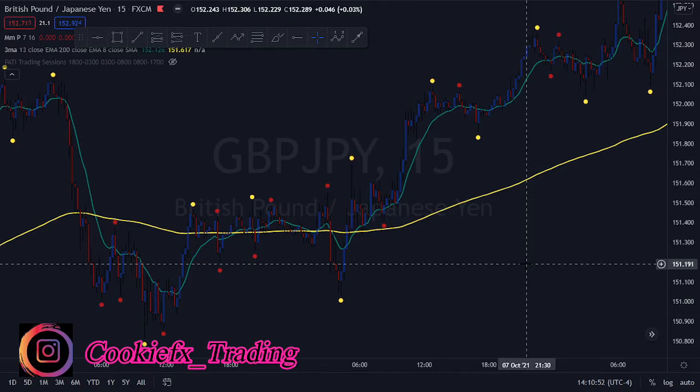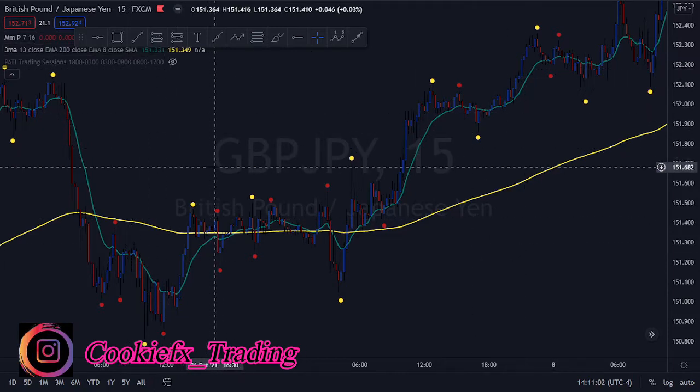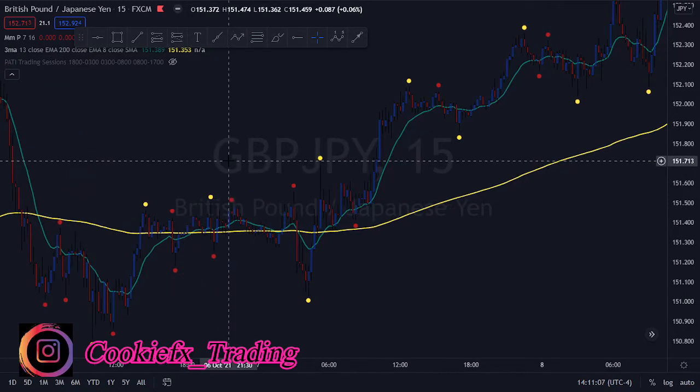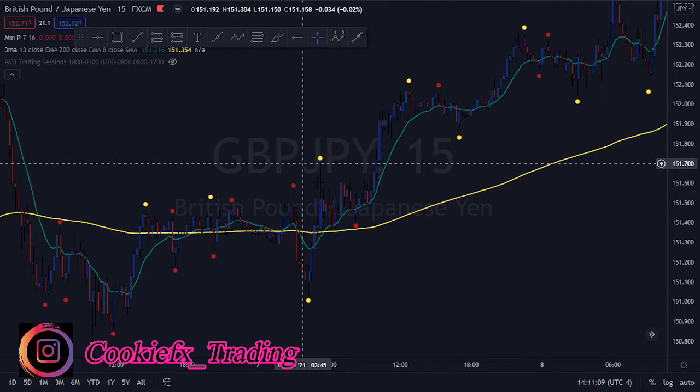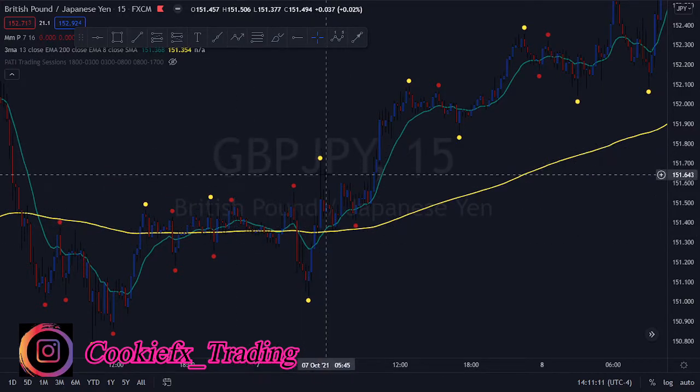I'm not saying to put divergence, Bollinger Bands, the 200 EMA and all these moving averages all over the screen. You see I have my fib points. I don't need those. They're only on because I'm going to record my understanding market structure video, and I also trade a lot of Fibonacci.